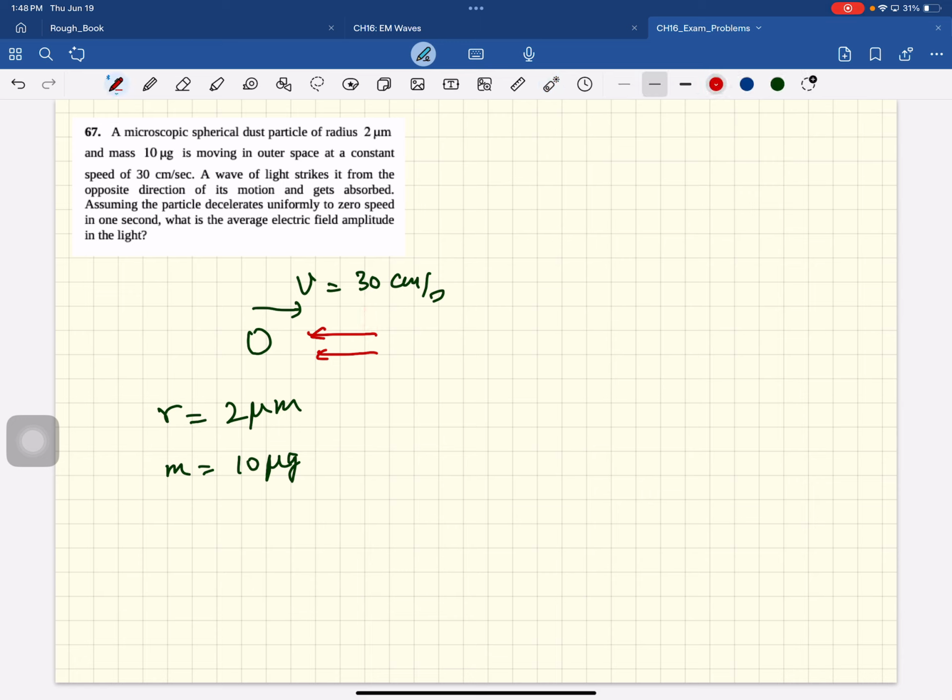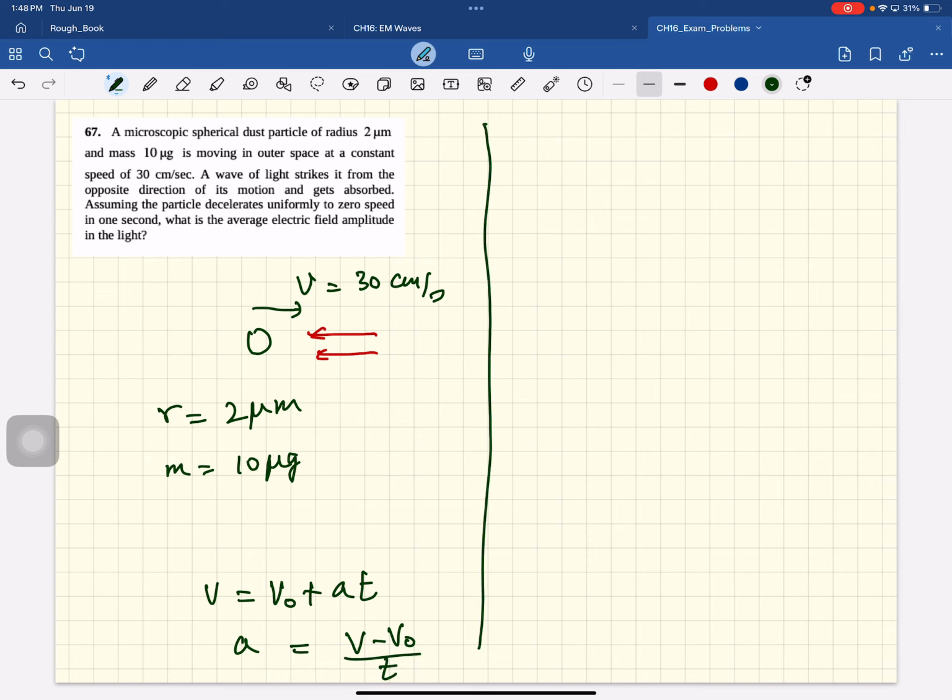Okay, so what you want to do is you want to stop this in 1 second. Okay, so let's calculate the acceleration first. The acceleration you need is delta V. Okay, this is the formula we are using. V is V naught plus A times T. Acceleration is V minus V naught divided by T. The final velocity is 0.